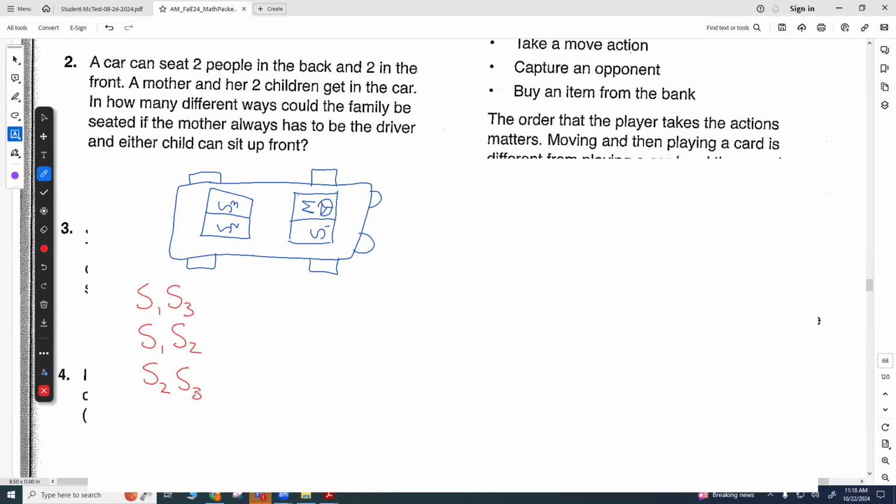And then there's two kids. And we know that, right, either kid could be in either one of these seats.